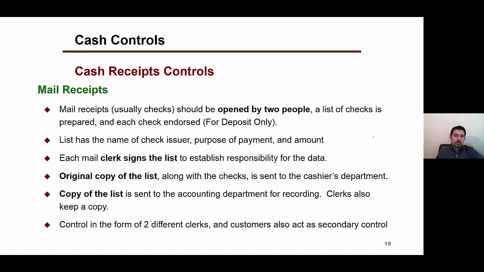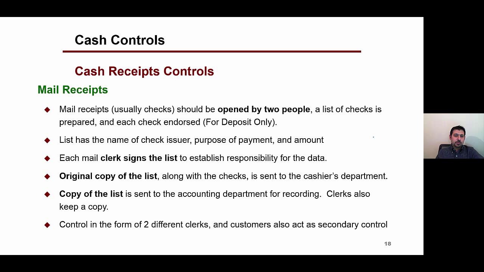And then those two employees would prepare a list of checks, and they will endorse each check as for deposit only. Now, the reason why it is endorsed as for deposit only is because once endorsed like that, the bank will only deposit it to a bank account and will not cash it to anyone.